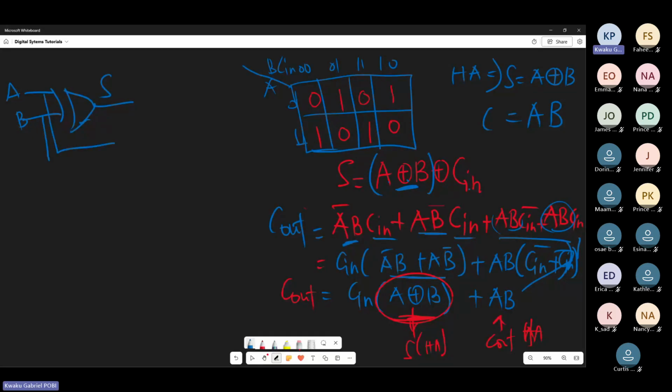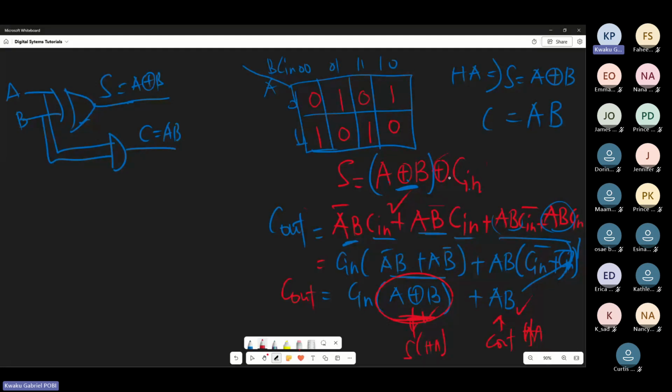I'll come and tap here, and AND them together to get the carry out. Now after this, this signal is A XOR B. This signal is AB. I can see those expressions here and then here and then here, right? So what is left is this guy.